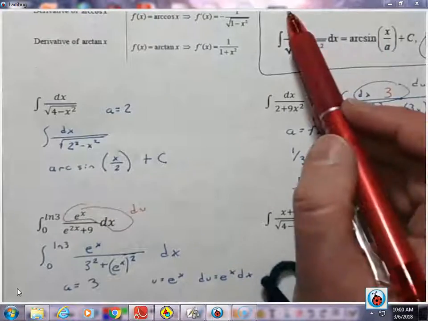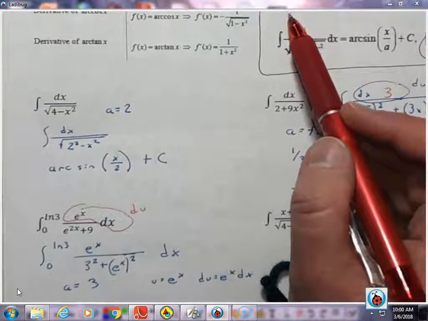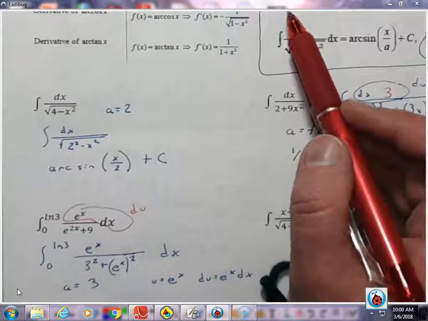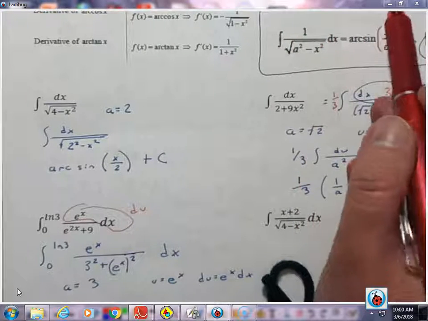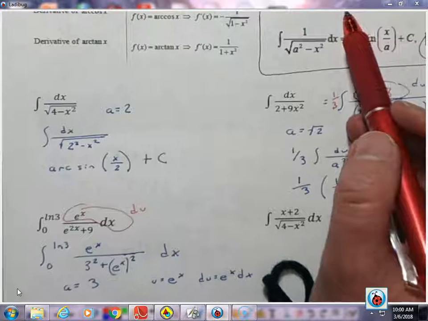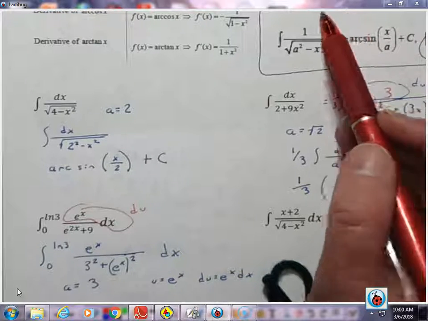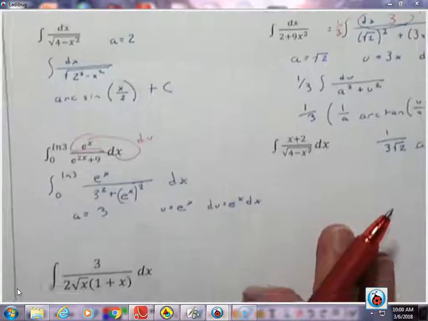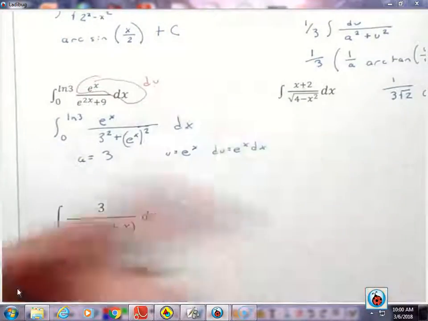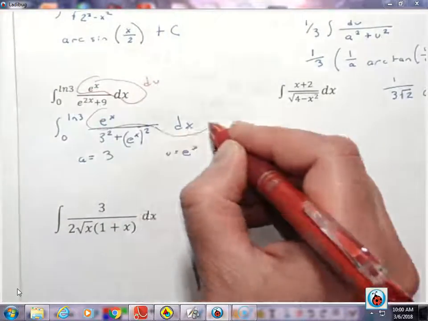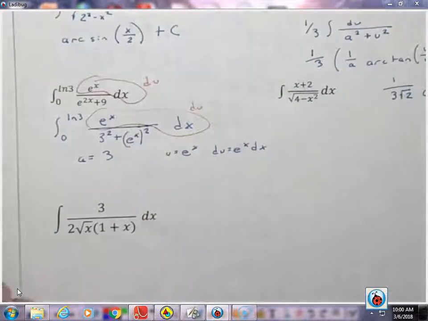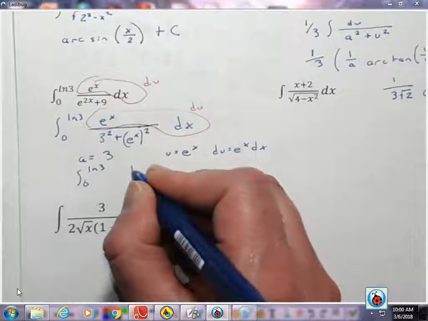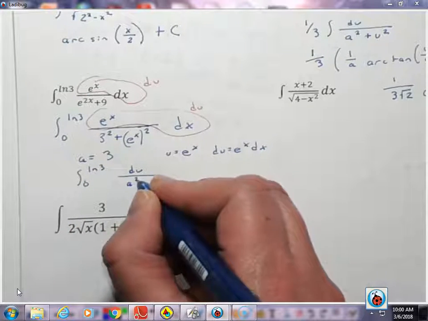Only thing I was saying doesn't matter is it doesn't matter if I write a squared plus x squared or x squared plus a squared, but it does matter which I call a, because the position is different in the answer. So a is whatever the constant, and the u is going to be the variable expression. Okay, so all that's my du. Oh, I should have written it here. So if I rewrite this, it's the integral from 0 to ln of 3 du over a squared plus u squared.